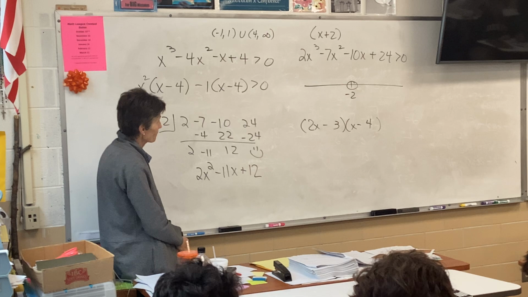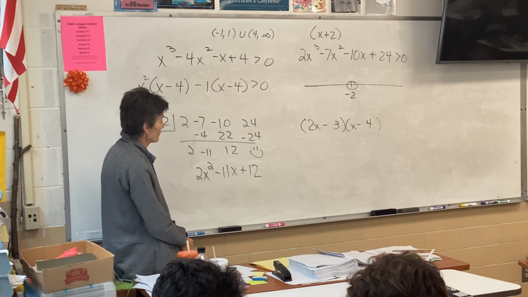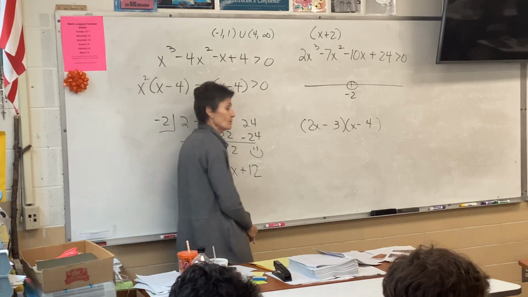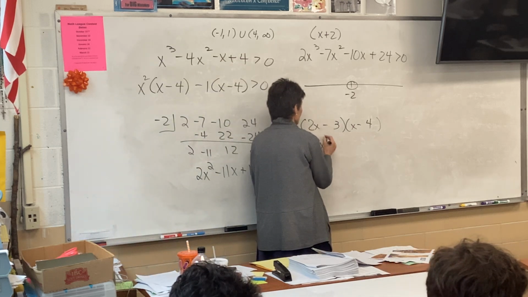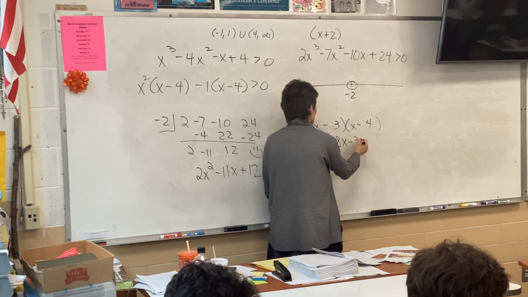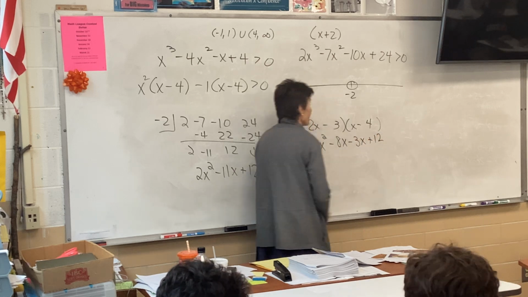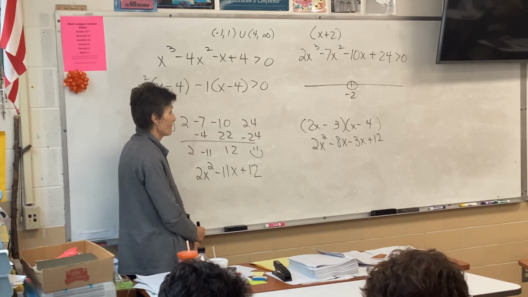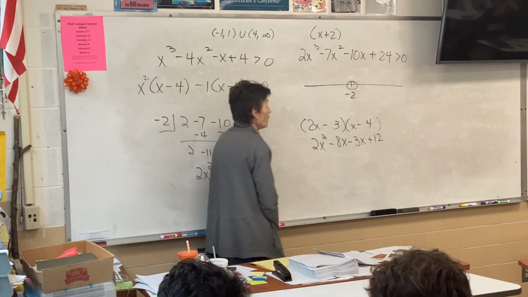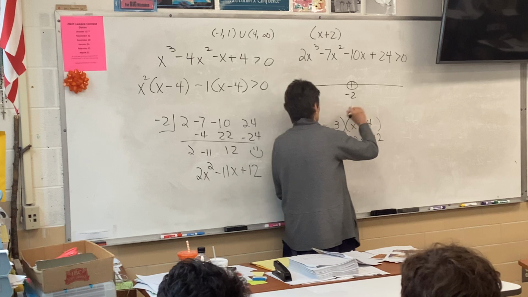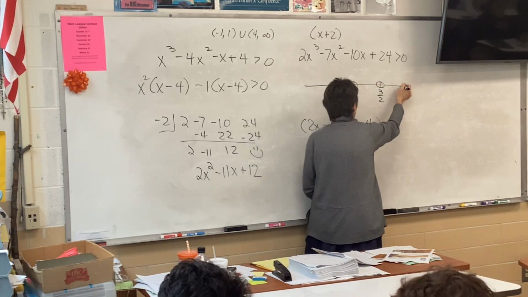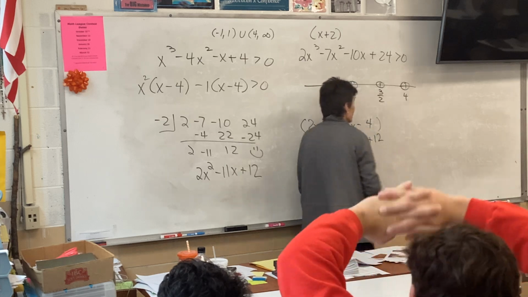Before you ask me how it factors, I oiled it out. That's what I did on the quiz today to make sure. And when I oiled it out, now I know I have a dot at 3 halves, and I have a dot at 4.